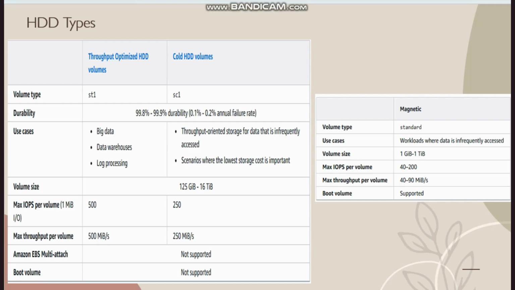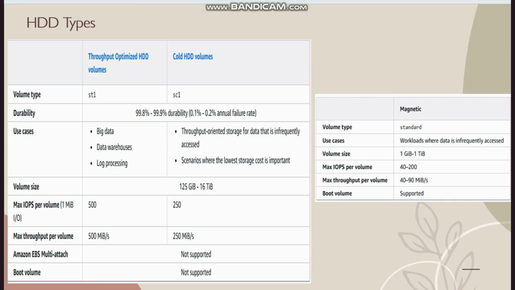And if I want to keep organized historical data for analysis, and I want to read and analyze system or application logs, at that time I can use ST1. And if the data is not used frequently and I want the lowest storage cost, then I can choose SC1.